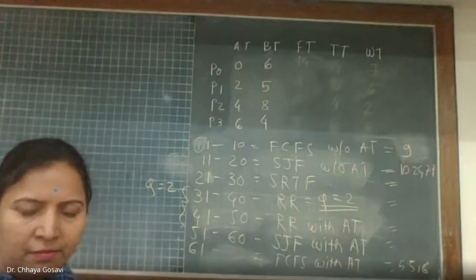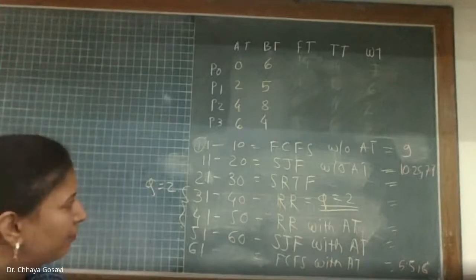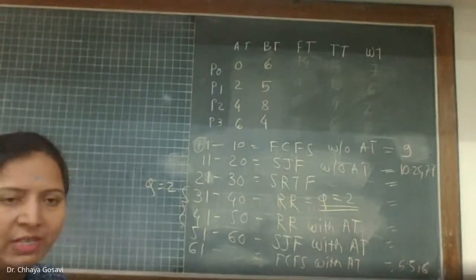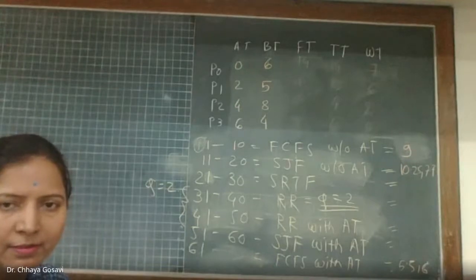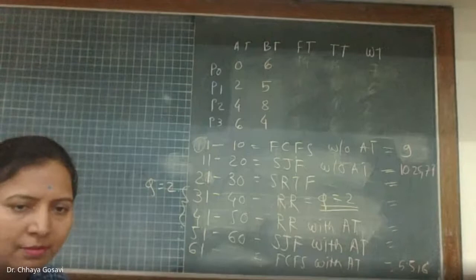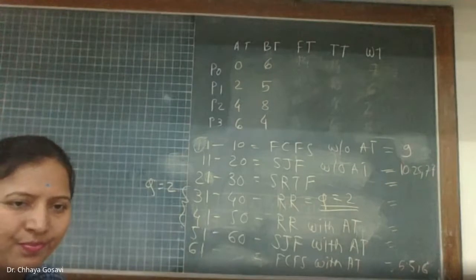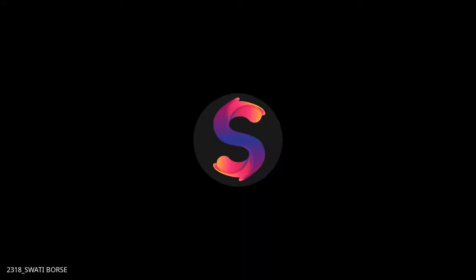Roll number 12, Hardiki, what is the value of average wait time you are getting? Khushbu, I'm getting 7, round figure. Yes, ma'am. Even I'm getting 7. Okay.